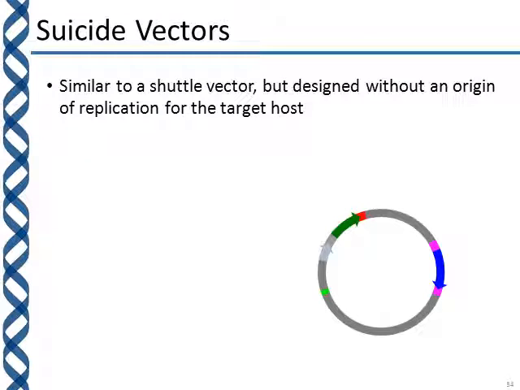Now we'll discuss the suicide vectors. This is similar to a shuttle vector, but this is designed without an origin of replication for the target host. So in this case, we have the E. coli origin of replication.